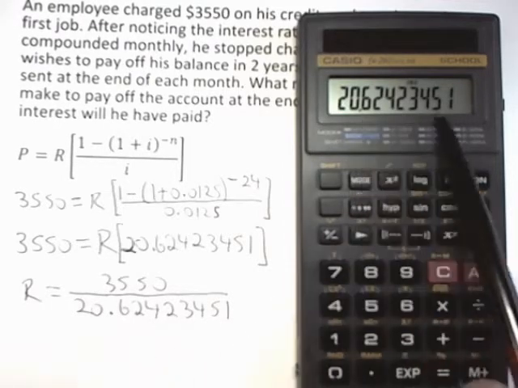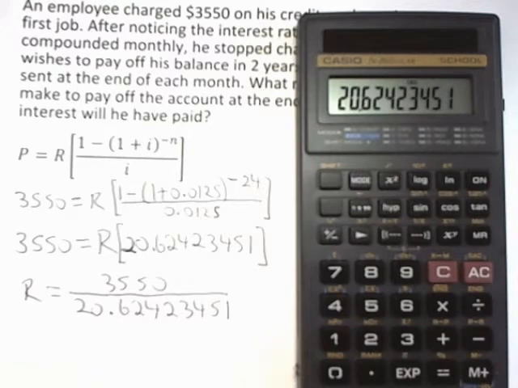We've got this number with lots of decimal places in the calculator, but we want to do a division of 3550 by that number. Normally when you do a division on the calculator, you type in the numerator, hit division, type in the denominator. However, that's a lot of decimal places. You could write it down, clear the calculator, do 3550 divided by, and then put it back in and hit equal. You could also choose to store that quantity in the memory so you can bring it back without having to type it back in.